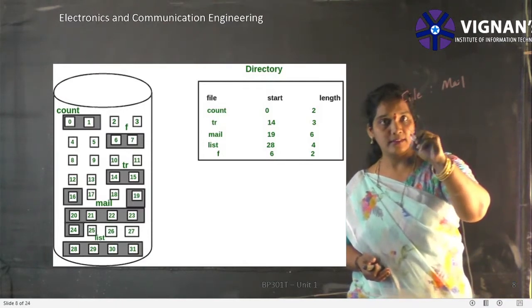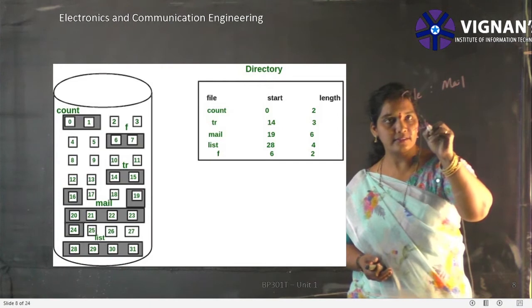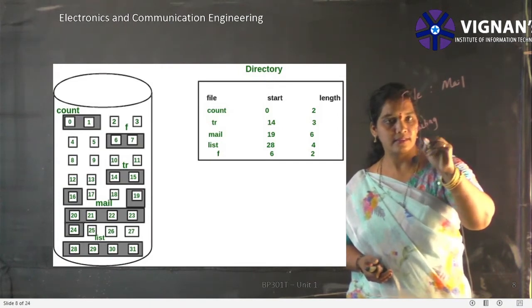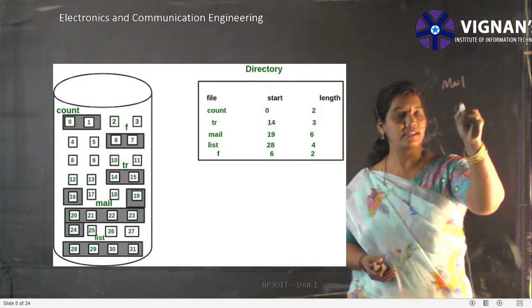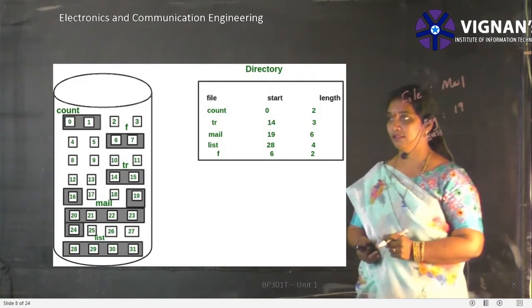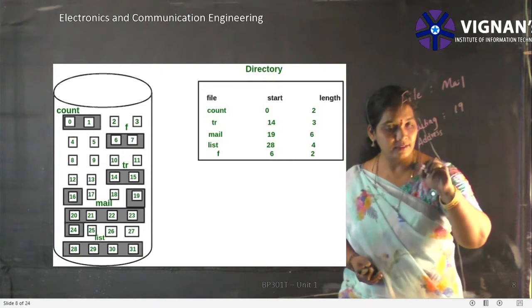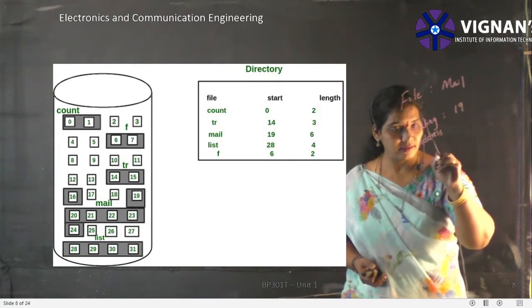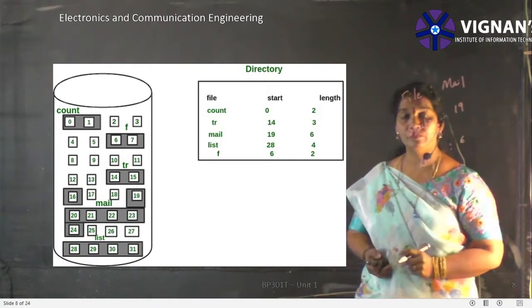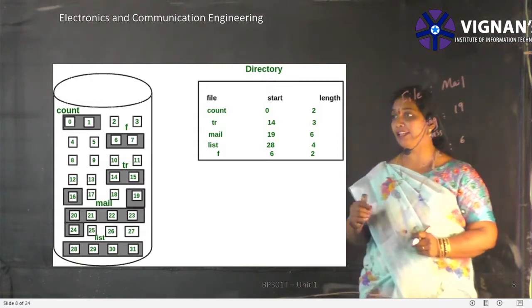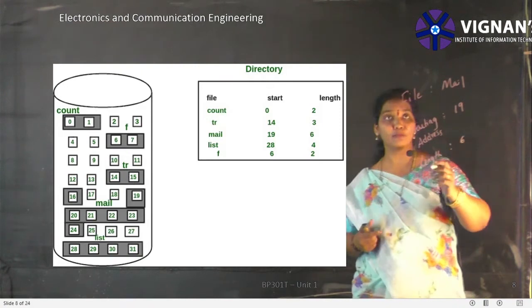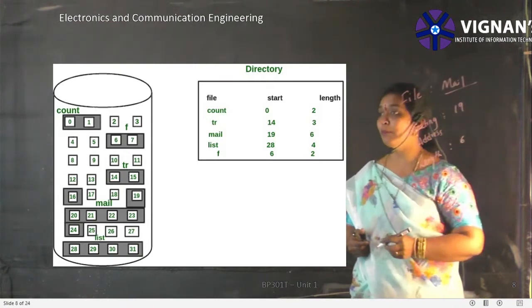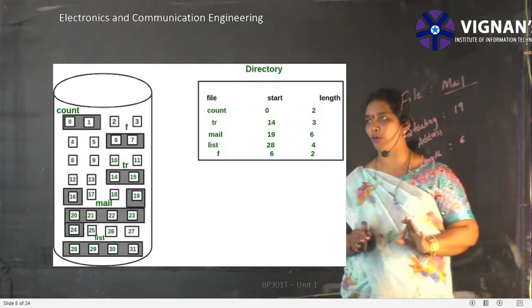Starting at an address of 19, my file mail will occupy 6 continuous blocks.